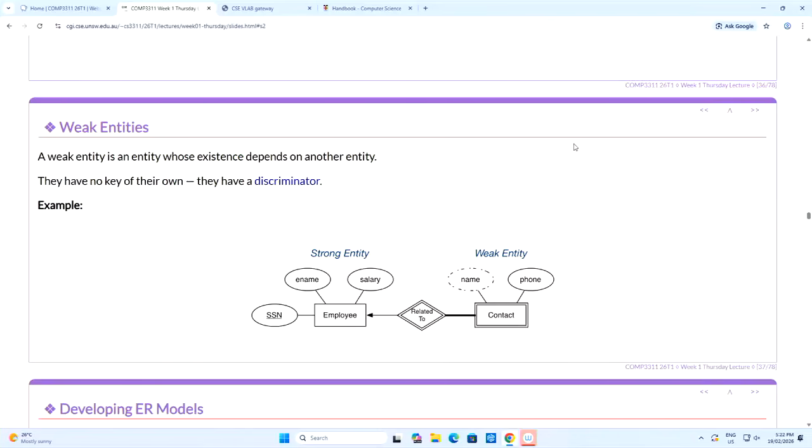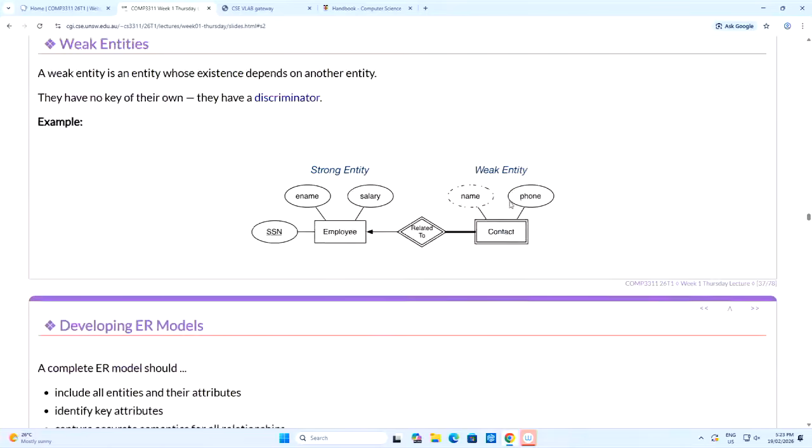This is a many-to-one relationship, because the strong entity can have many weak entities as dependents, but the weak entity needs to have exactly one corresponding strong entity in that identifying relationship. So the weak entity is always drawn like this. It needs to be one-to-many, with partial participation on one side and total participation on the weak entity side.